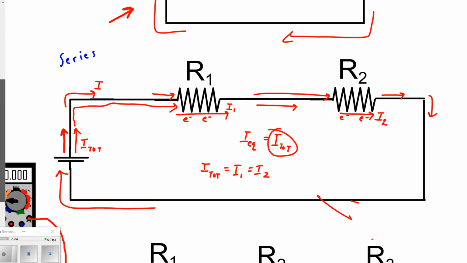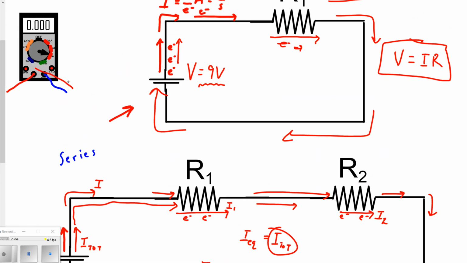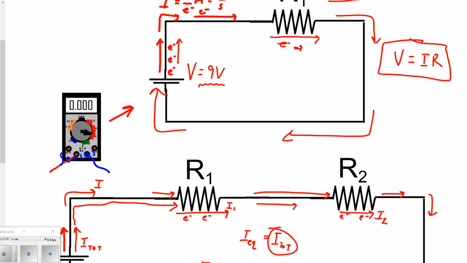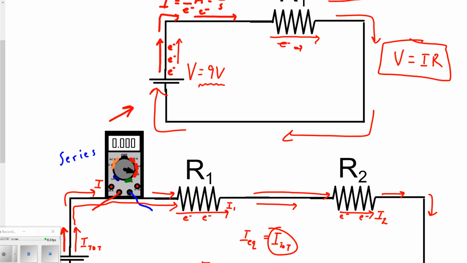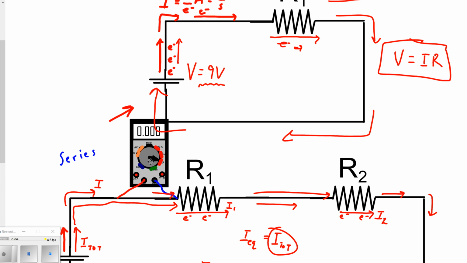A little second ago, I had a meter floating around here. So let's say we had a digital multimeter, and I'm going to put a mark across it, because that's what I like to do. Let's say we could take that meter and place it in this circuit, here. To do that, we would have to cut the wire right here. So this meter would become in series with the resistor.